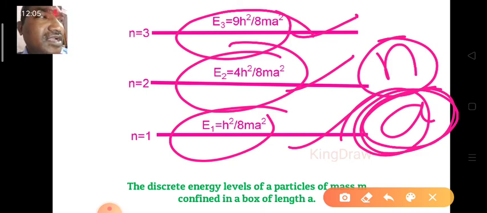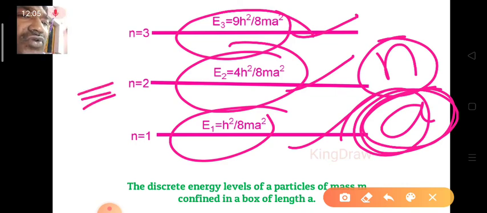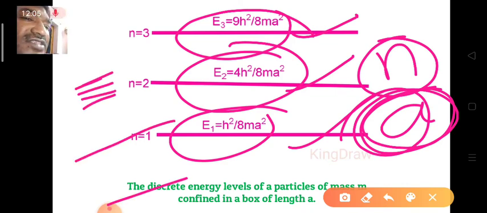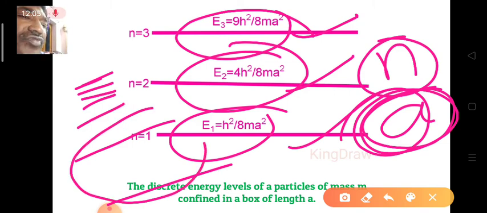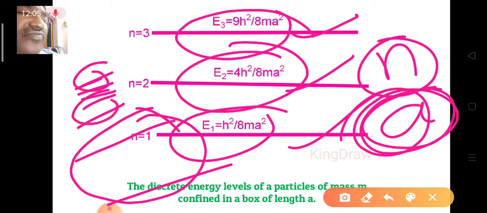They come close to each other. That means the energy difference decreases. Look at the energy difference: the energy gap is high, then less, then still less.